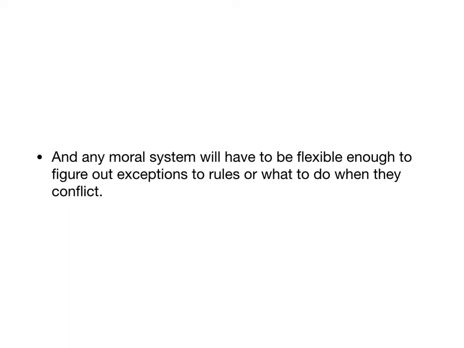Think about the lying to a murderer case. Here we have don't lie versus don't allow murder. We have a conflict of moral rules. Utilitarianism can tell you what to do in a principled way, and it can do this in other cases when moral rules conflict.